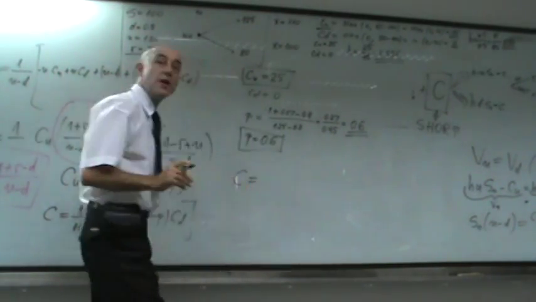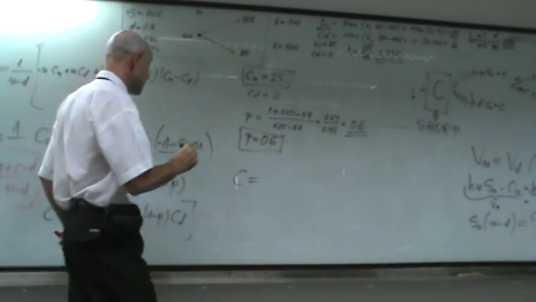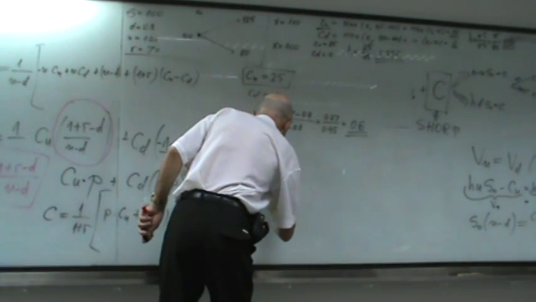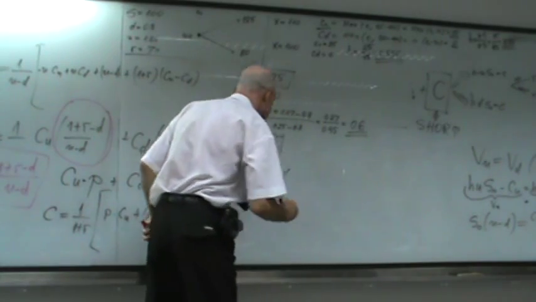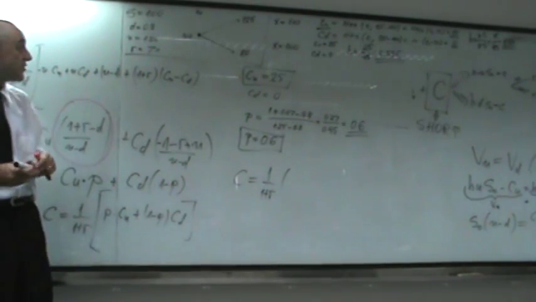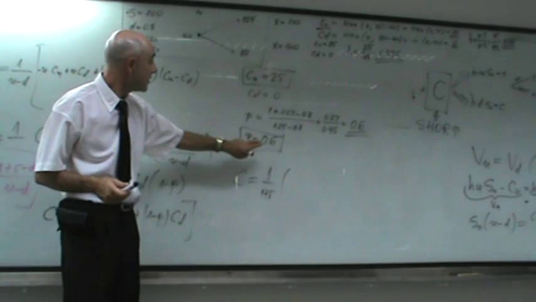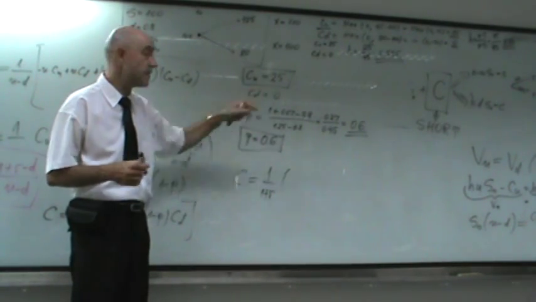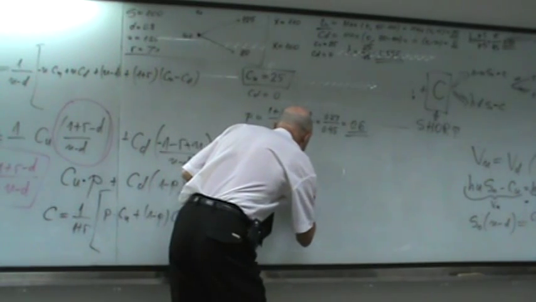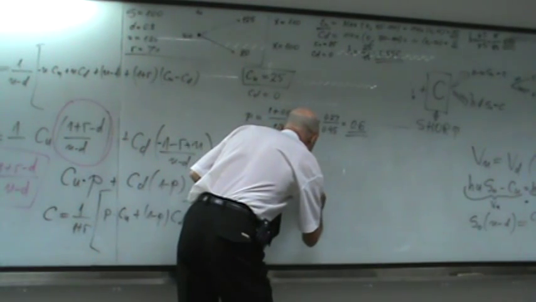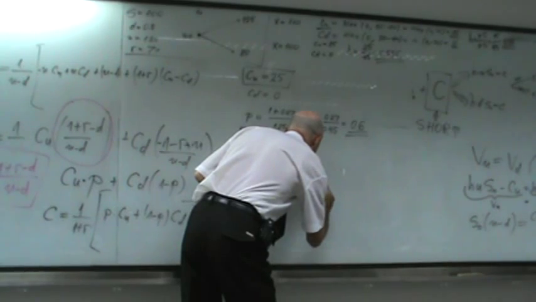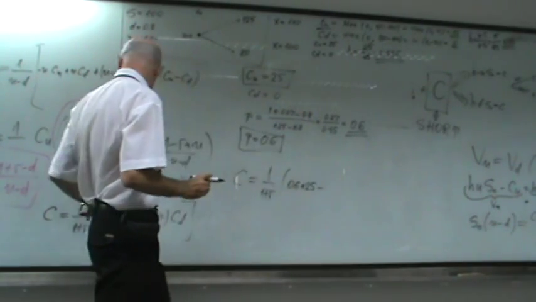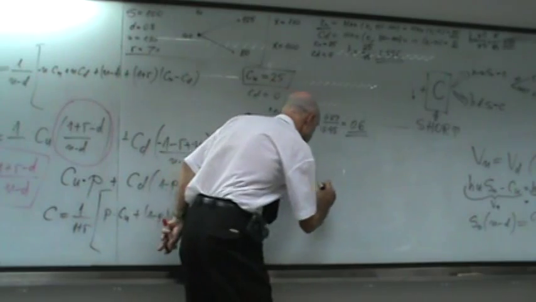The call of the option will be 1 over 1 plus R. In other words, the present value of what? 0.6 times 25 minus 0 plus 0.